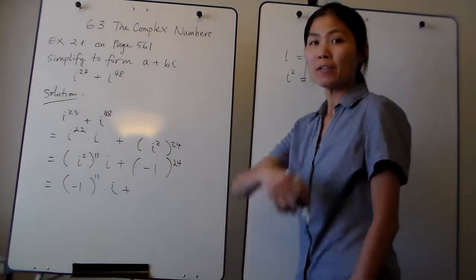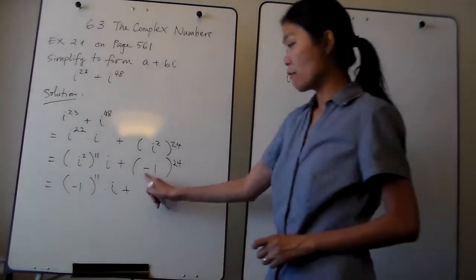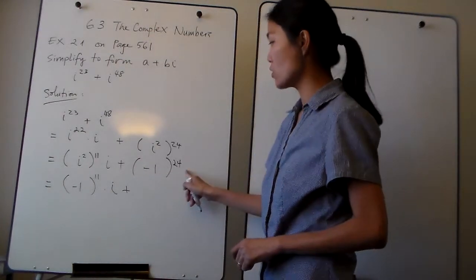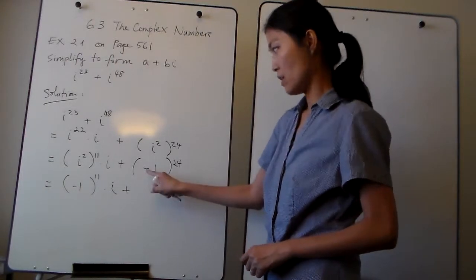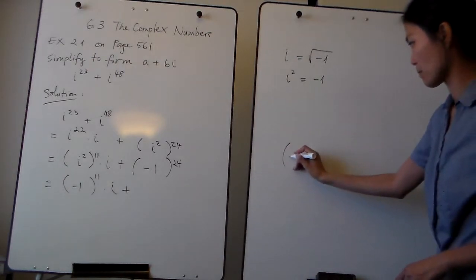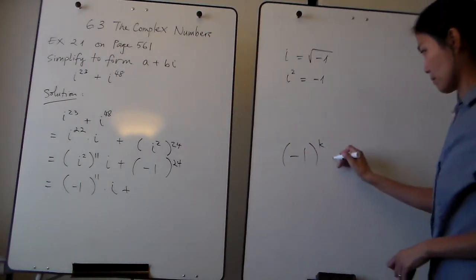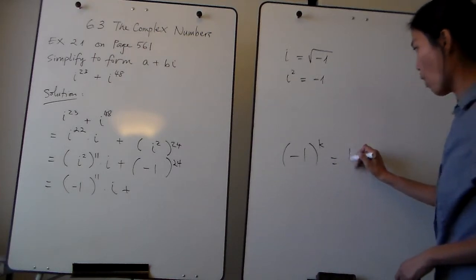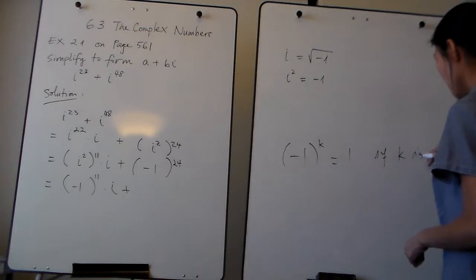1, when you raise it to any exponent, is equal to itself. For negative 1, if it's raised to an even exponent, like 24 here, the negative will become positive. So think about this. Let's say k: -1 to the k will equal 1 if the exponent k is even.